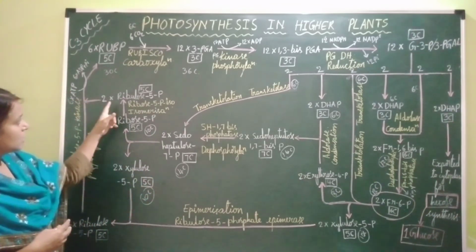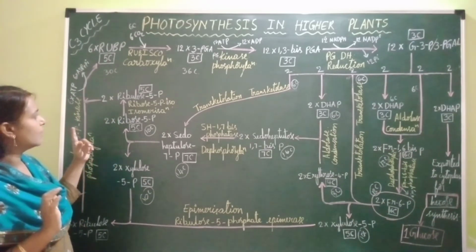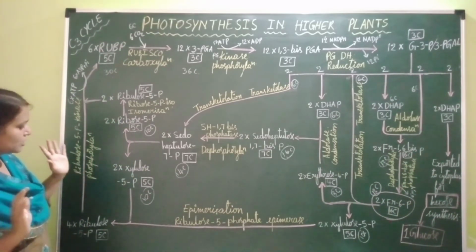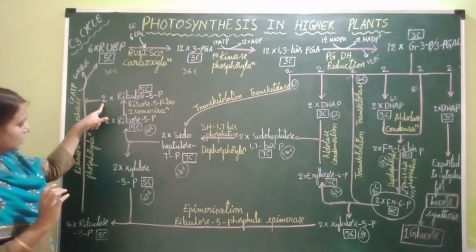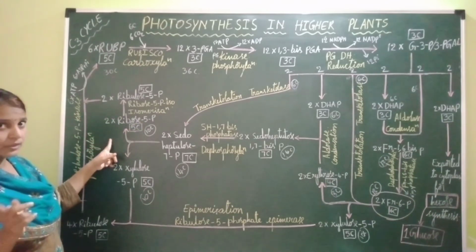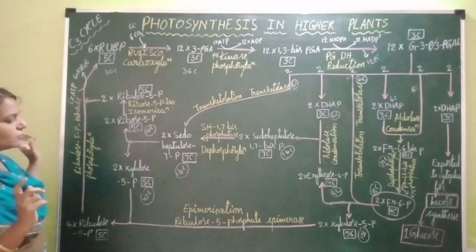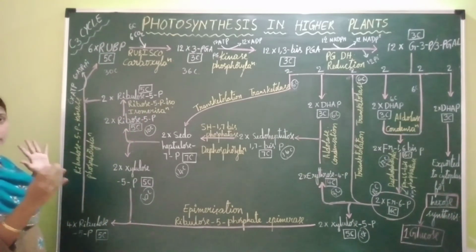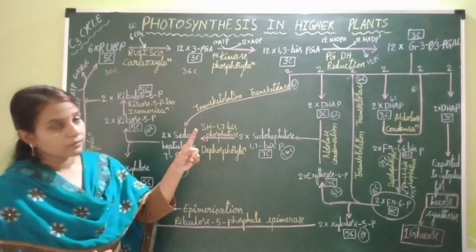And ribulose 5-phosphate is also an intermediate which is a 5 carbon compound. How many molecules of ribulose 5-phosphate are formed? 6 molecules of ribulose 5-phosphate. Here 2 molecules and here 2 molecules. And ribose 5-phosphate is also a 5 carbon intermediate. How many molecules are formed? 2 molecules are formed.